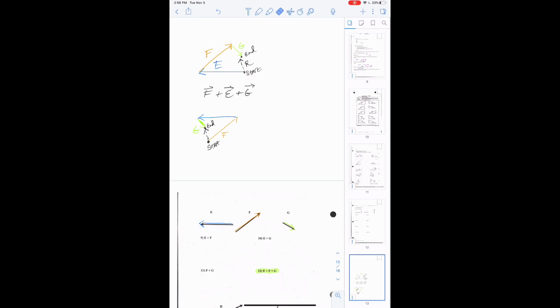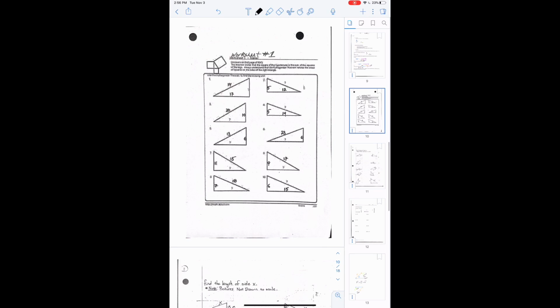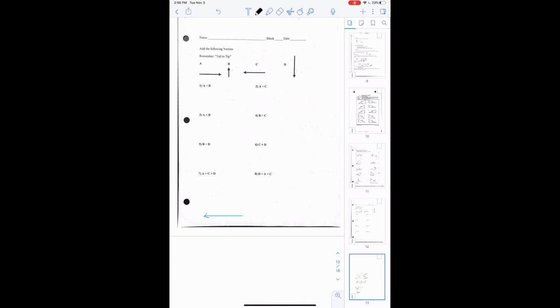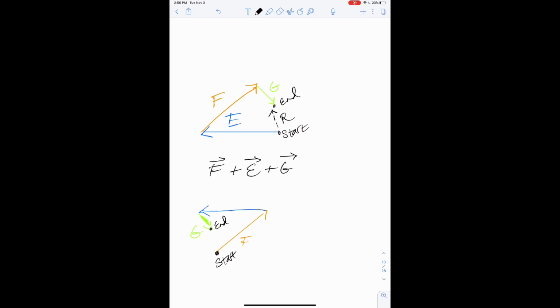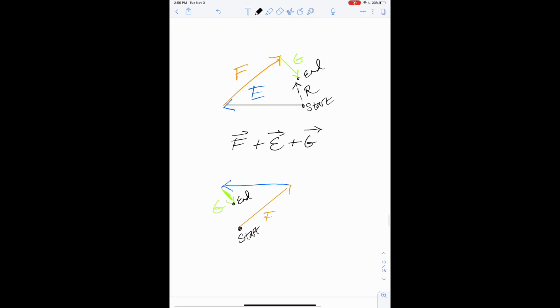And so let me draw that again. So there's start and there's end. And then, whoops, dang. Get this out of here. So we can see that my drawing's kind of crummy and not perfect, but it's roughly the same.